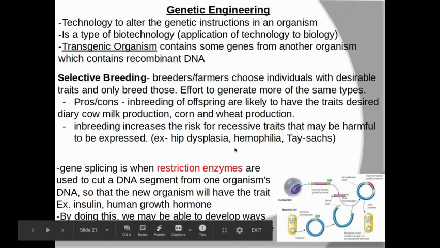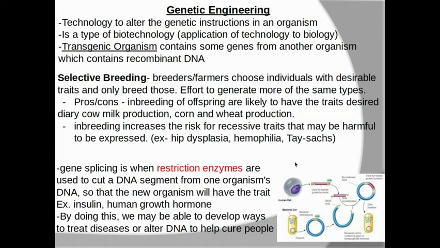And we can input a gene that we want and cause that bacteria to produce a protein that wouldn't normally be there. This is a way we can treat disease. If you have a person who has to take insulin in your family, the insulin they take is from genetically modified organisms, bacteria.